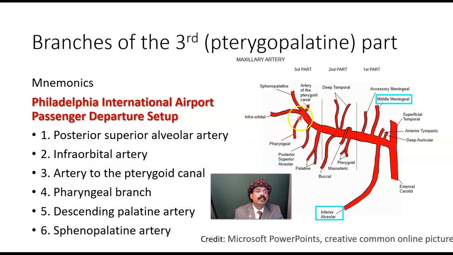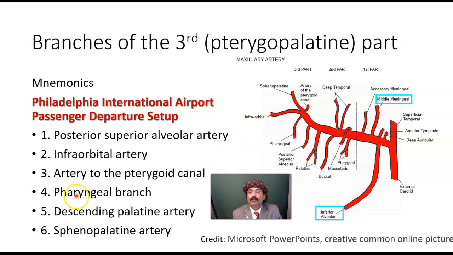Then the infraorbital artery, which supplies the extraocular muscles. The infraorbital artery also supplies the teeth of the upper jaw, especially the canine and incisor teeth. It also supplies part of the lacrimal apparatus.